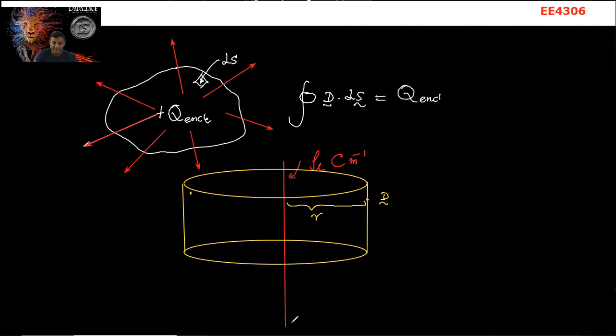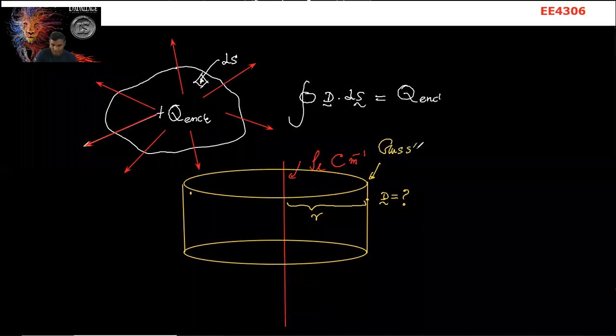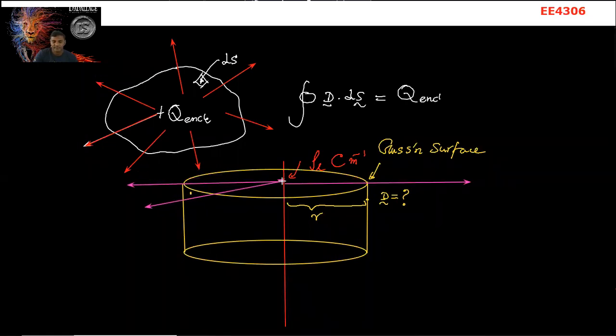Assume this is a line charge, and you want to find the flux density due to this line charge. I will refer to this as the Gaussian surface. There might be flux going through this surface, something like this. To find the flux density you have to use the Gaussian theorem.